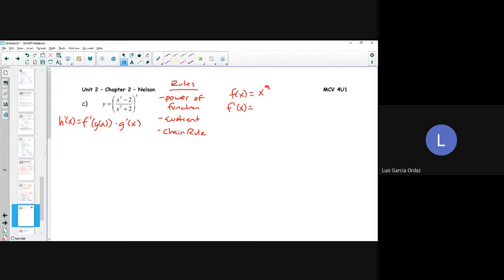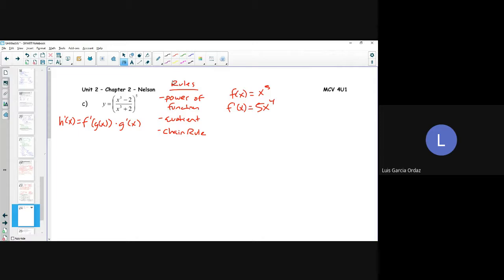Come on, guys, this one's pretty easy. Derivative of x to the 5, what is it? 5x to the 4.